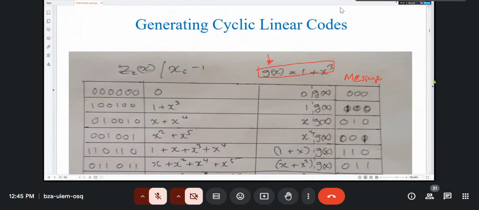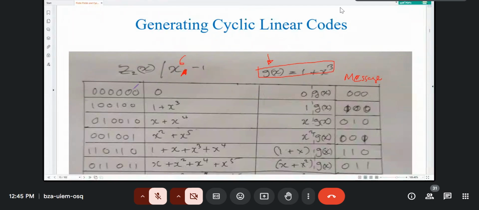So the message bits are 000, and the error checking bits, there are 3 bits. For this scenario, if you have z to the 6, this is z to the 6 minus 1, not z. You can correct that in your notes. So z to the 6 minus 1. If you are doing this one, then it means it's a 6-bit, and the message bits are 3. So the error checking bits are 3.